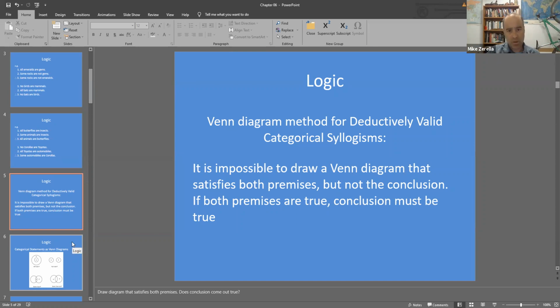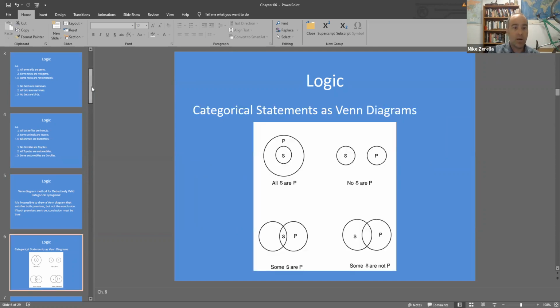Some of you have probably seen Venn diagrams before, but using them for categorical syllogisms, here's some examples. These are kind of standard types of Venn diagrams. The textbook uses an interesting method of drawing out Venn diagrams that we'll get to later. But outside of the book, you might see Venn diagrams that look like this.